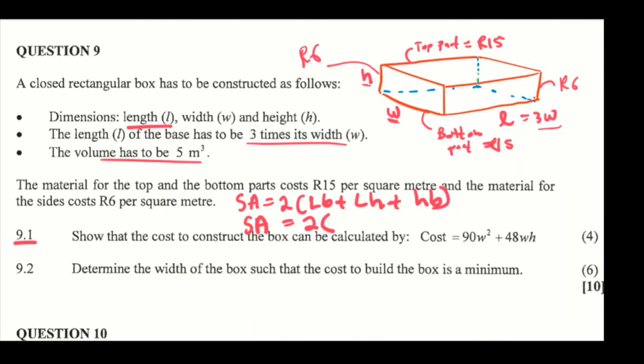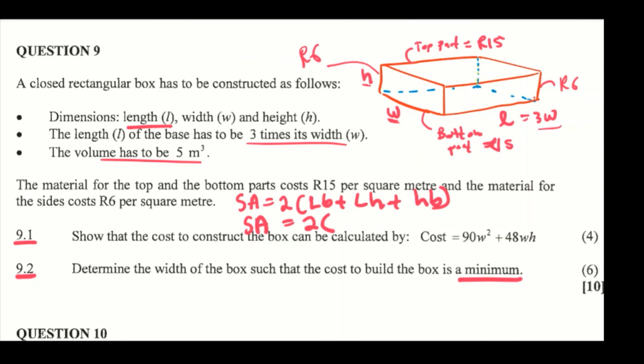Now 9.2 says determine the width of the box such that the cost of the box is a minimum. Whenever you talk of minimum, maximum in such word problems, this is actually optimization, so you know that they want you to derive.